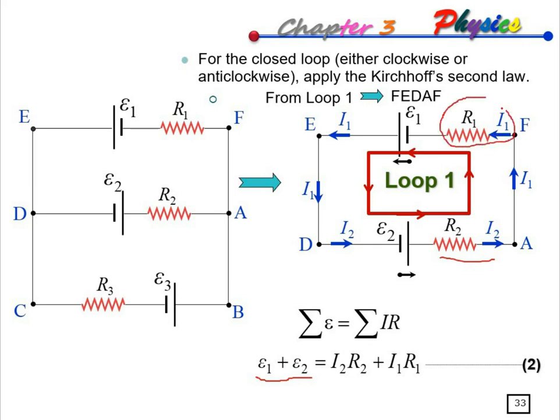There are only two resistors in the circuit. So the summation of EMF in that loop equals the summation of the product of I times R, or what we call the voltage drop. This is equation number 2.